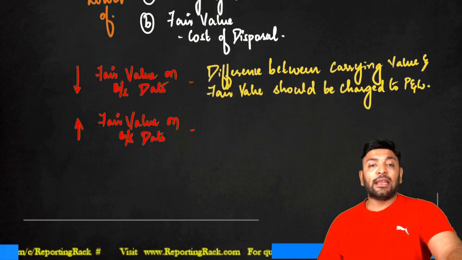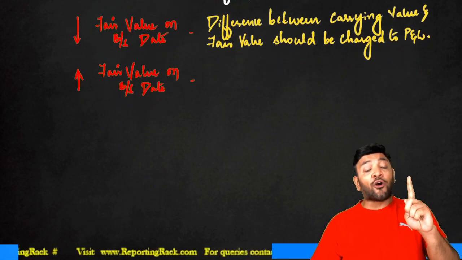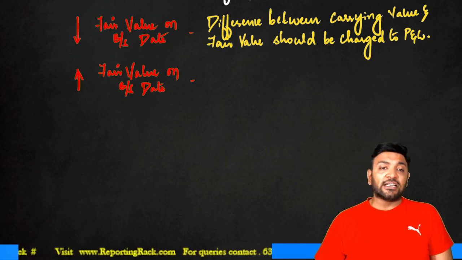The difference between carrying value and fair value should be charged to P&L whenever there is a fall in the fair value as on the balance sheet date.